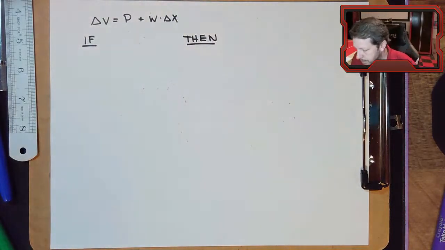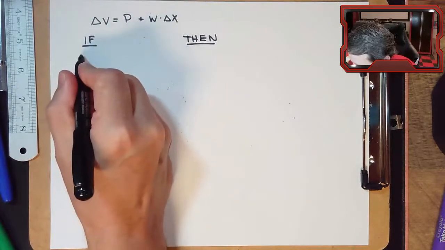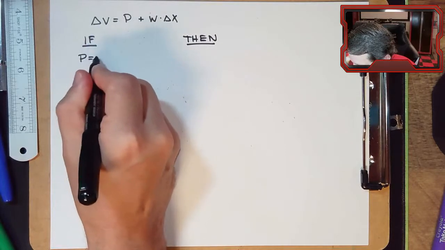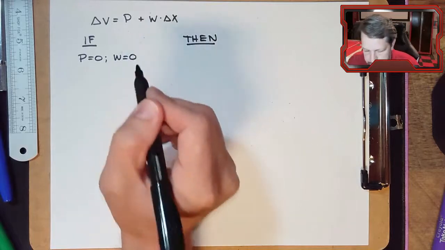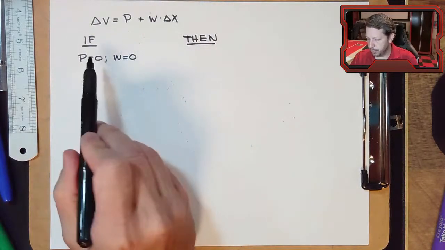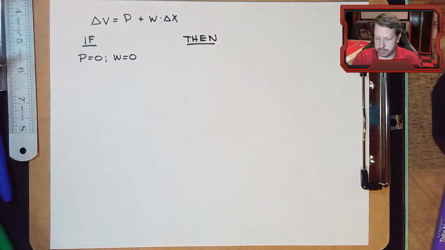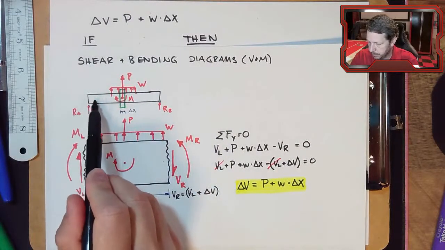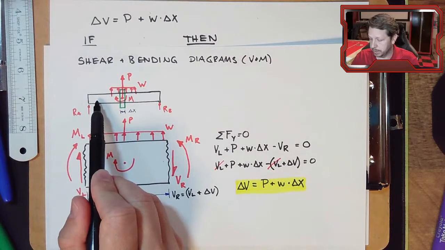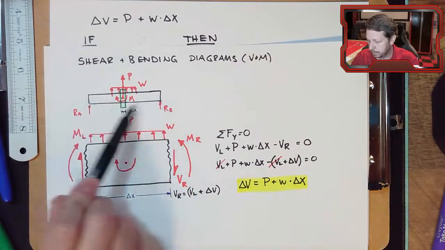So one scenario: if P equals 0 and W equals 0, this would be a section of the beam where there's no point load and no distributed load. So in our little picture, maybe it's over here somewhere or over here. There's no point load, there's no distributed load. X is the horizontal axis here.